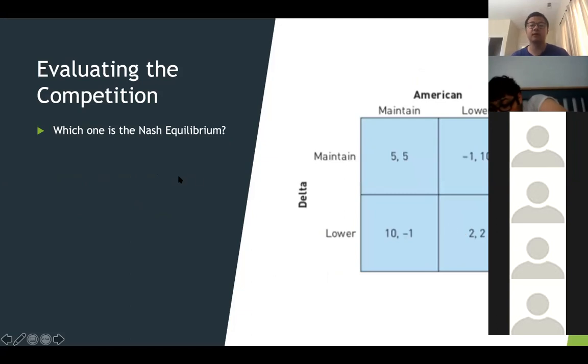So which one is the Nash equilibrium for this chart? Anybody?